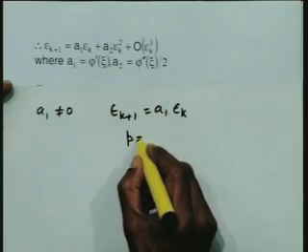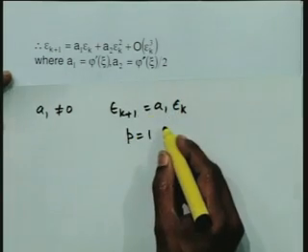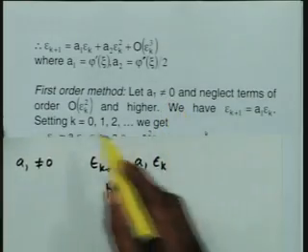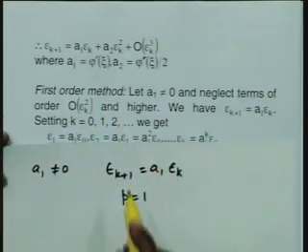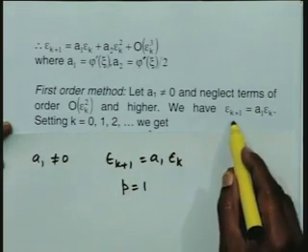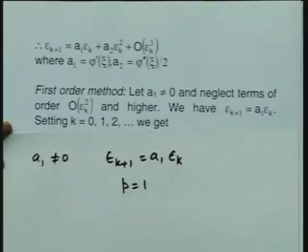Therefore, in this case p is equal to 1, that is, epsilon_k to the power of 1. Therefore, the order of the method is 1. So, when a_1 is not equal to 0, I would get a first order method, because in that case epsilon_{k+1} is equal to a_1 epsilon_k. Therefore, the order of the method will be 1.